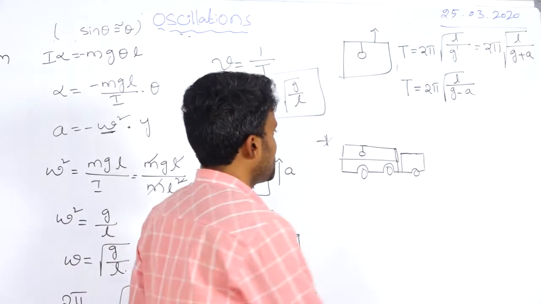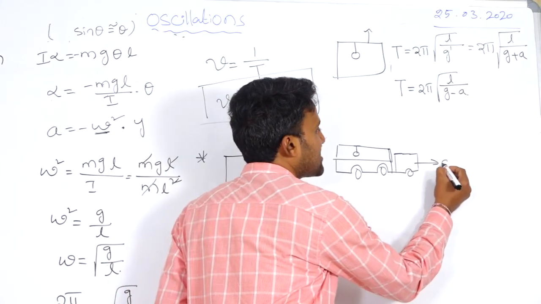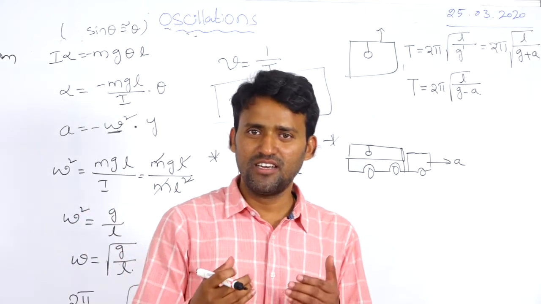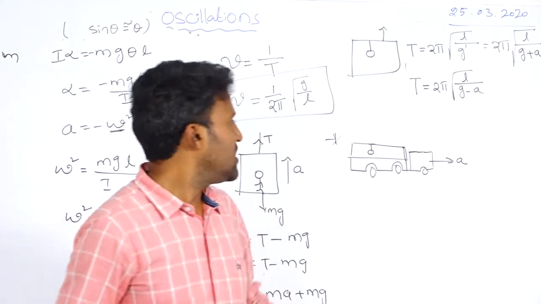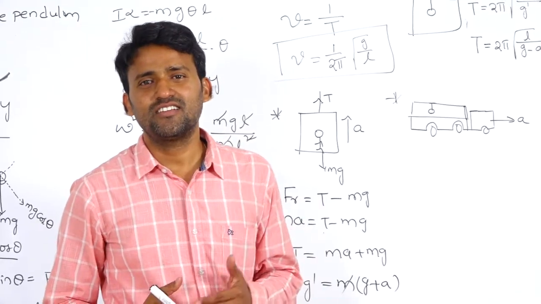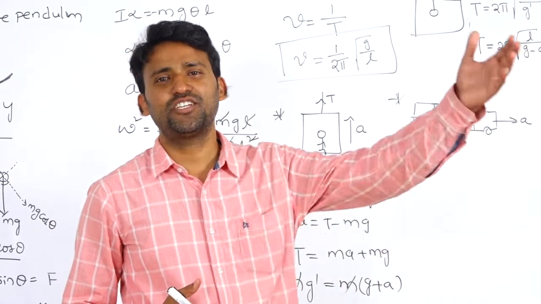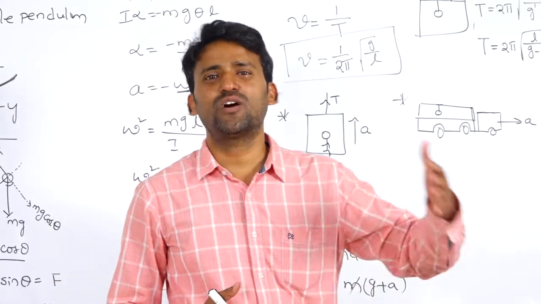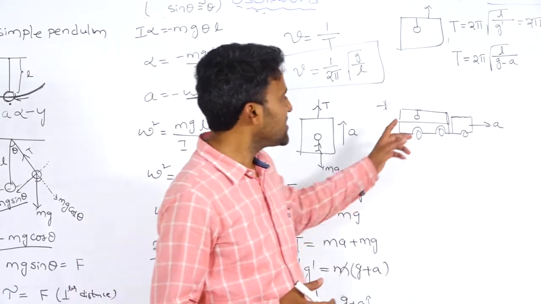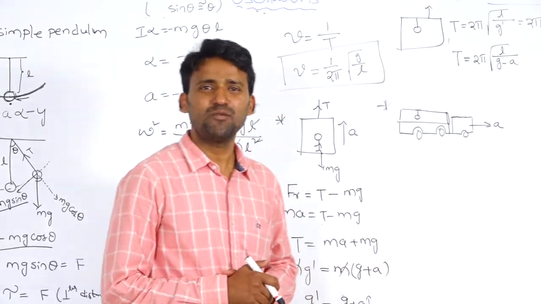Now the truck is moving in the forward direction. It is accelerating in the forward direction. Here it is not a lift, I have taken the simple pendulum inside the truck, which is accelerating forward. At that moment, what about the time period?